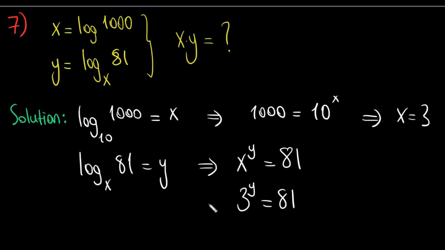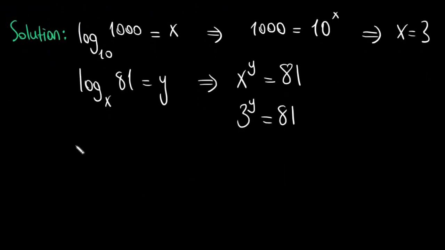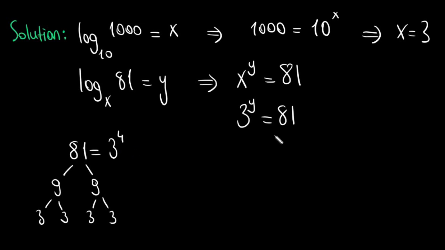And we can just prime factorize 81. We know that it is 9 times 9. And if you prime factorize 9, you're going to get 3 times 3. So 81 is just equal to 3 times 3 times 3 times 3, which is 3 to the power of 4.